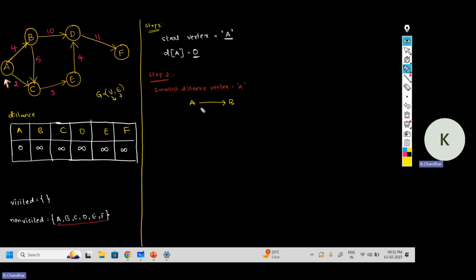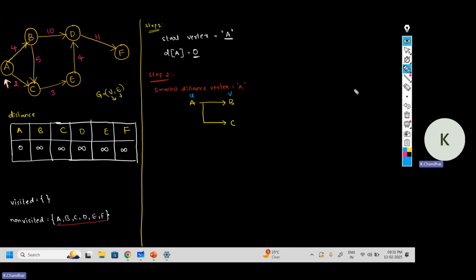From A to C, I can visit. Okay. So here, in this case, you need to take this A as U and B as the visiting vertex. So here, just now I said one equation for how to update the vertices.